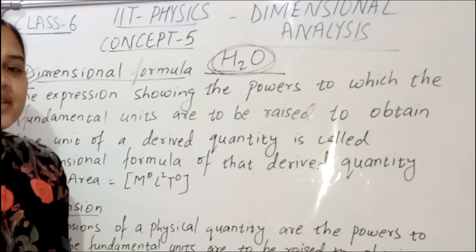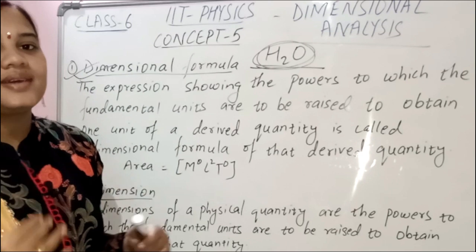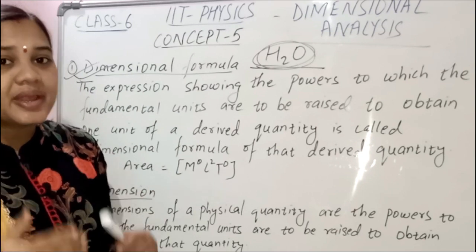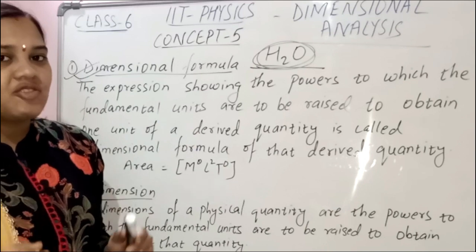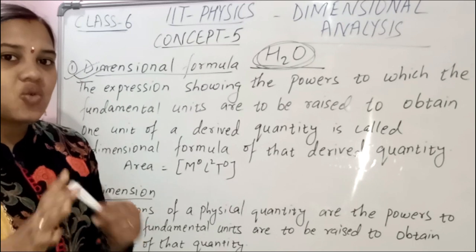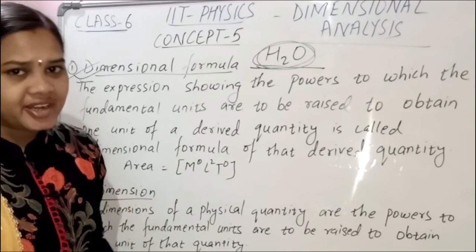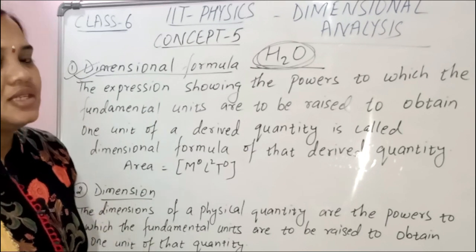Derived quantities are dependent quantities. They depend on fundamental quantities. So in a derived quantity, only fundamental units are there, but in different ratios.